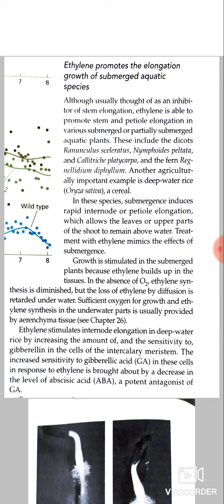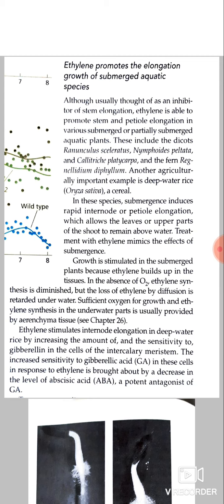In these species, submergence induces rapid internode or petiole elongation, which allows the leaves or upper parts of the shoot to remain above water. Treatment with ethylene mimics the effect of submergence. Growth is stimulated in the submerged plants because ethylene builds up in the tissues in the absence of O2.